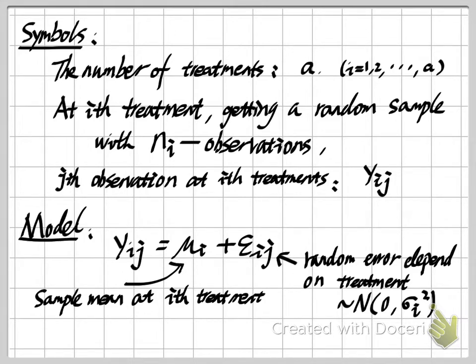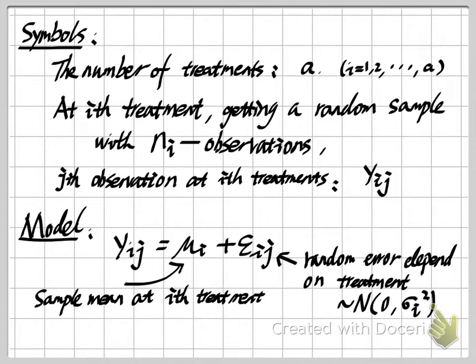And here one more thing about our mu i, the sample mean. Of course we have i here because this will be different for different treatments, right? But then how about the overall result? So for example, if we talk about one drug to heal one disease, then no matter what dosage we use, there may be an average percentage of people who will recover.